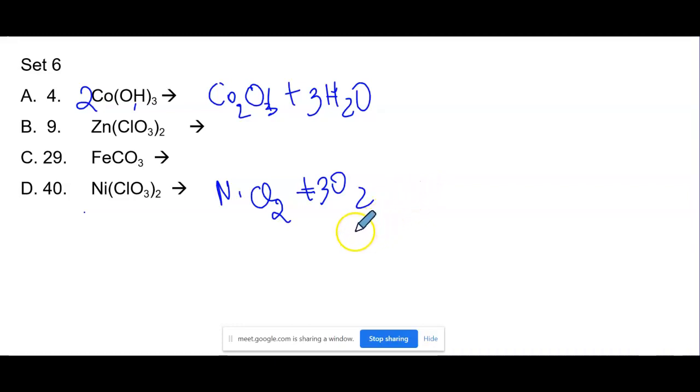So there's 2 chlorines technically and 6 oxygens. Correct. Yeah, on the right side, yes. Oh, in the parentheses, yes. That 3 is only with oxygen in the set of parentheses.